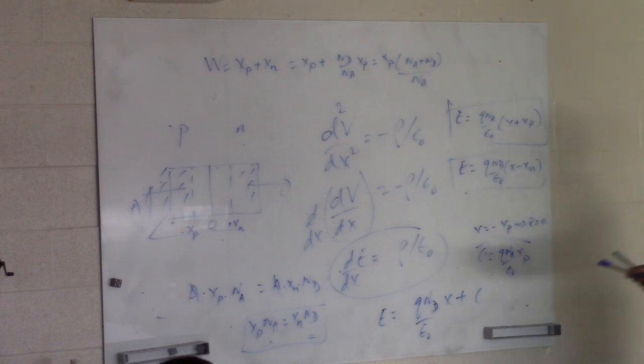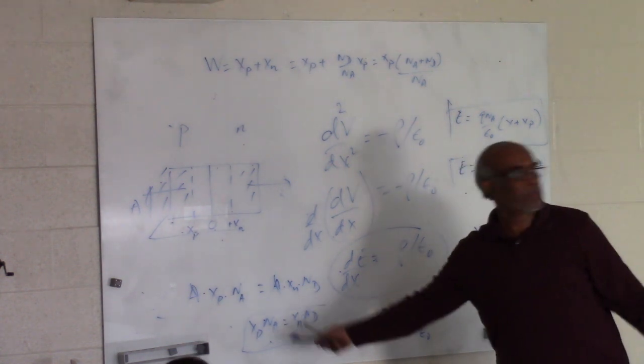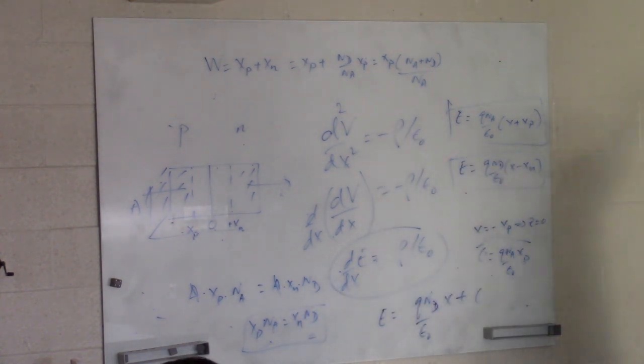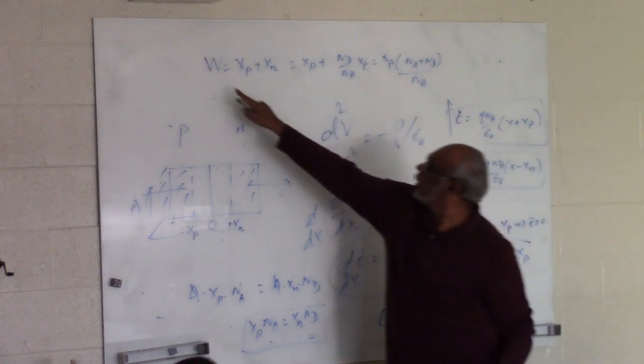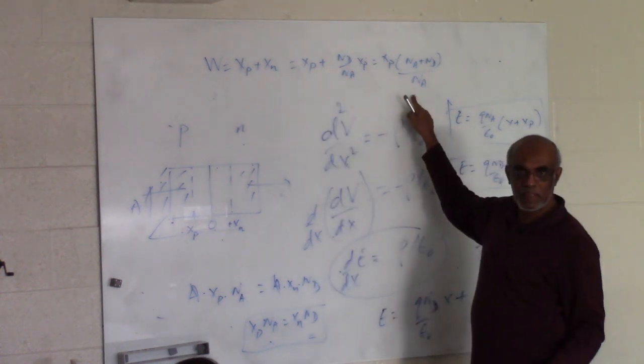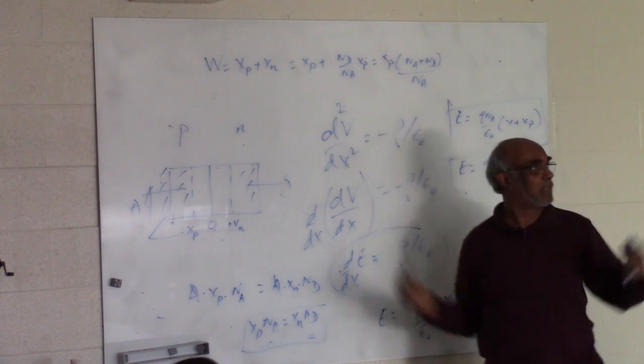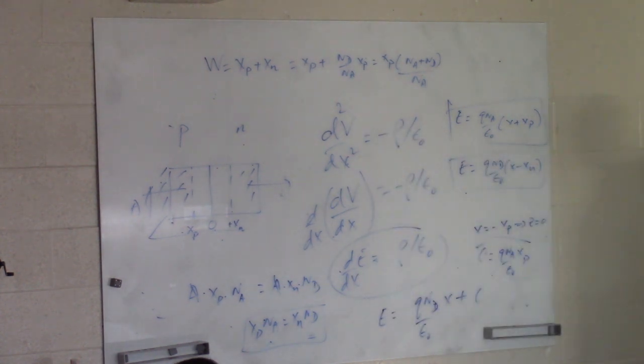That's this one, right? Na times Xp, and that's also equal to that. Doing it this way, you can find Xp as W divided by this one. So Xp you can write in terms of W. Is that clear?